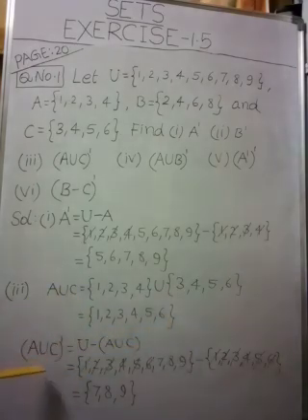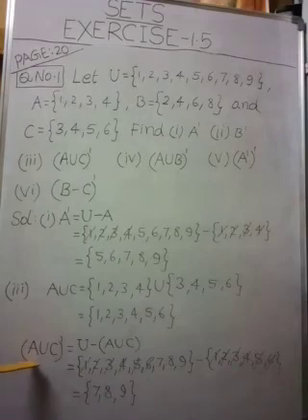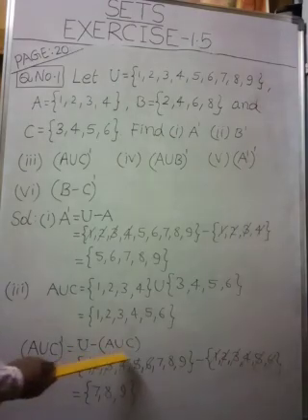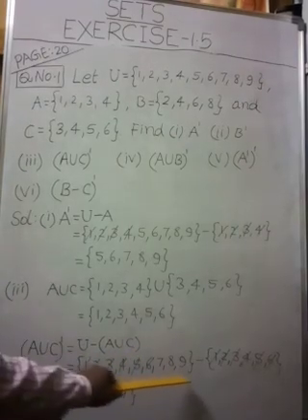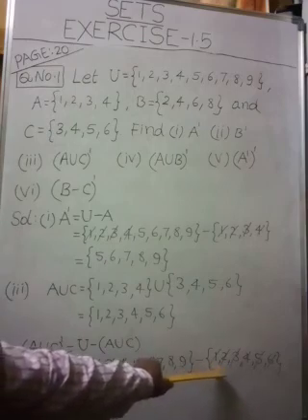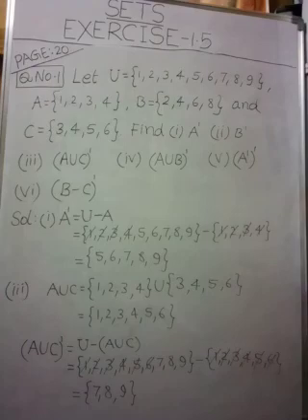Now come to the actual question. (A union C) whole complement is equal to universal set minus (A union C). In the place of A, here A union C is there. We are substituting A union C in the A complement formula. So universal set minus A union C. We have found A union C, and we wrote that set also.